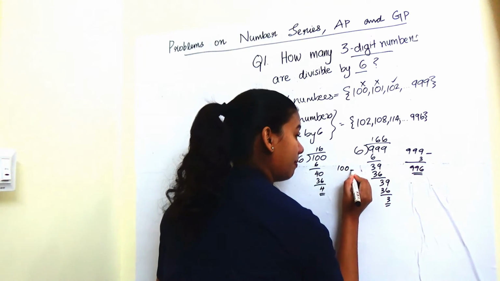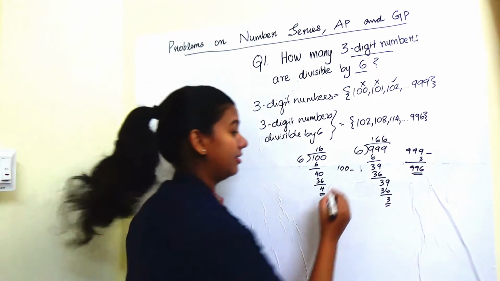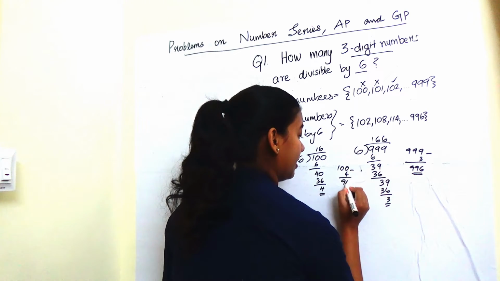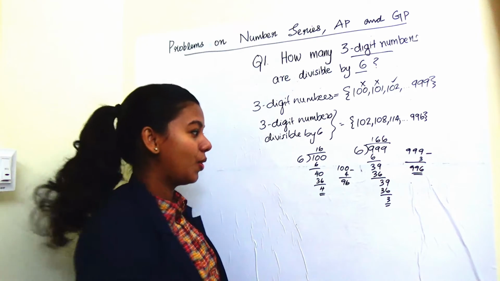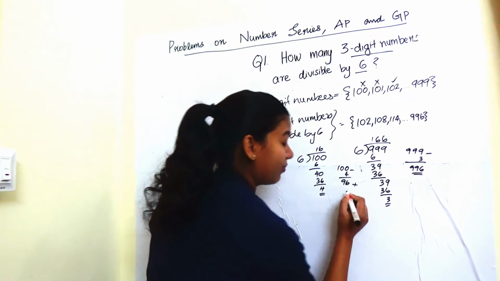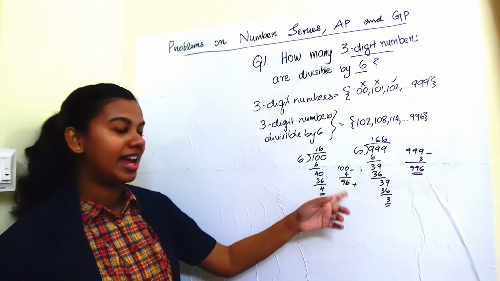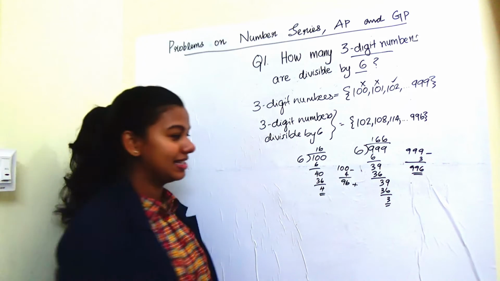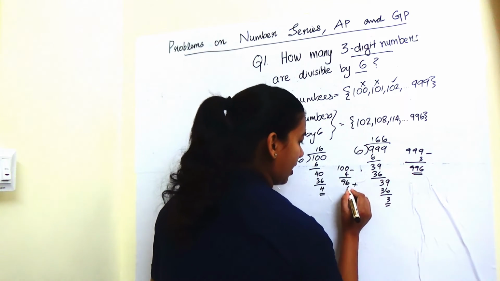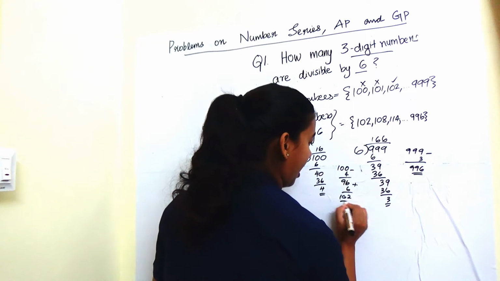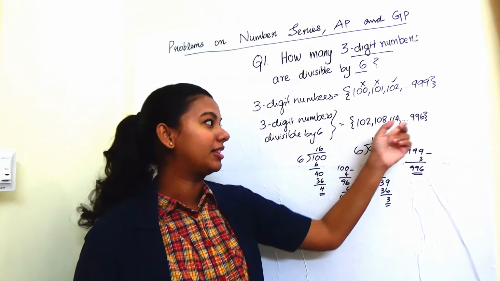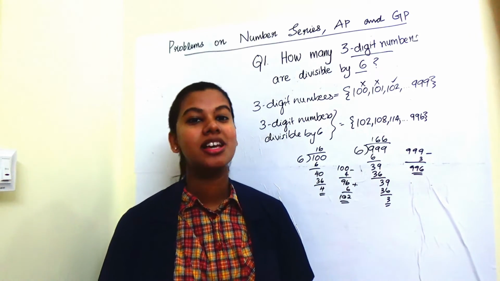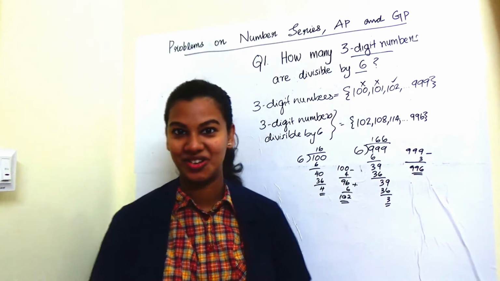So 100 minus the remainder will be 96. But we have to get a 3-digit number. So I need to find the next number after 96 which is divisible by 6. So I add 6. I get 102. So in that method also we can find the numbers which are divisible by 6.